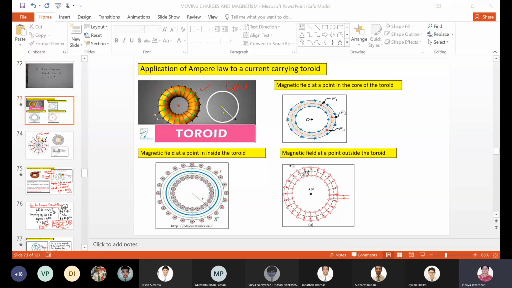The dot represents the current coming out of the plane of the page. And at some other point, the current is entering into the plane of the page. So the same amount of current is flowing in two opposite directions. Hence, the total current in the area enclosed by the Amperian loop is equal to 0.